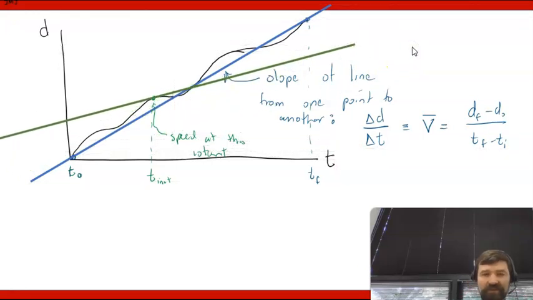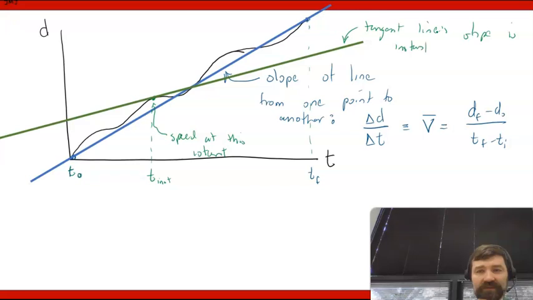This is basically tangent at that given point in time. So if I wanted to find the speed at that point in time, I would find the slope of this tangent line. So the tangent line's slope is the instantaneous speed at this time.